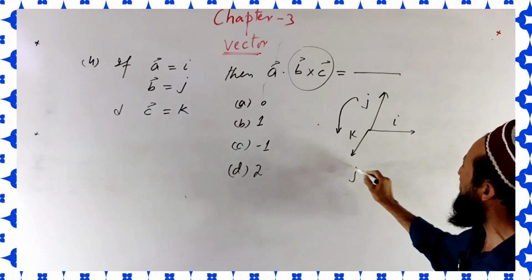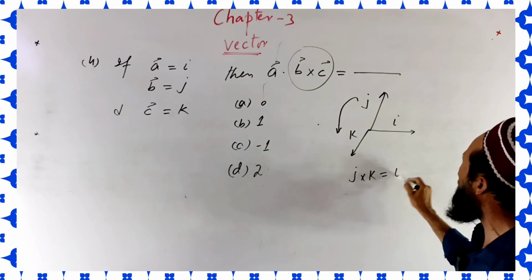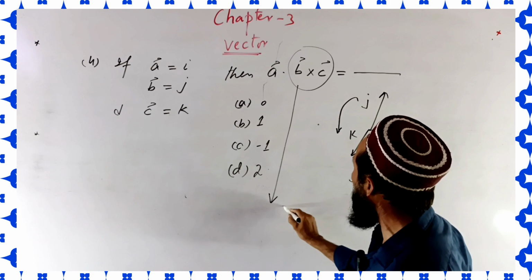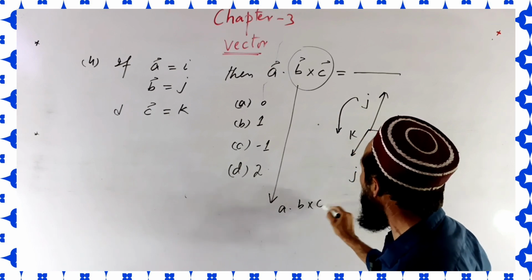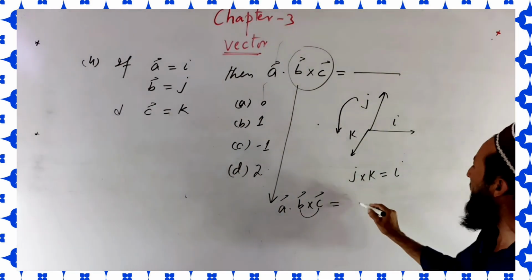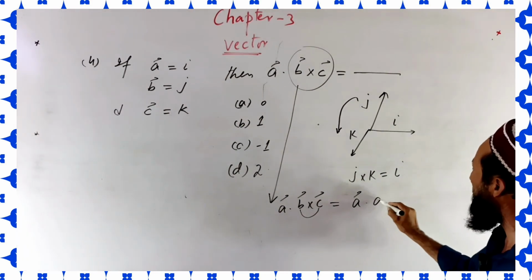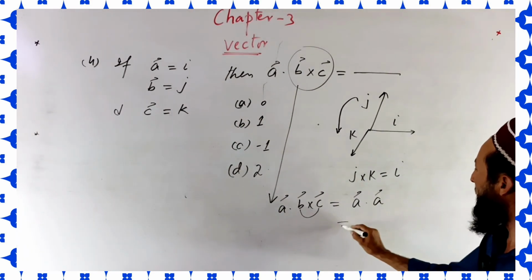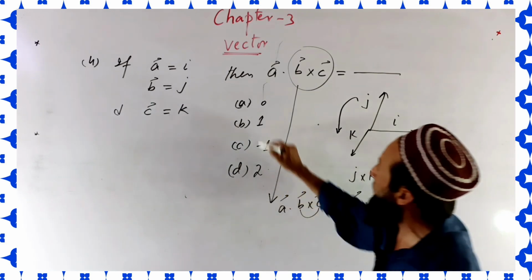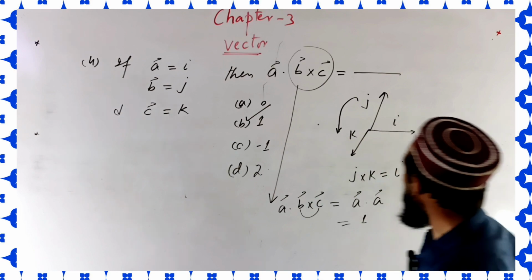So J cross K is equal to I. In this situation, if we are finding A dot B cross C, B cross C gives I, so A dot A is equal to 1. So the correct answer will be B.